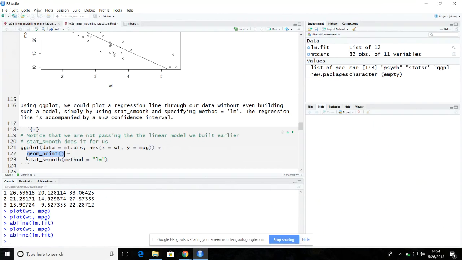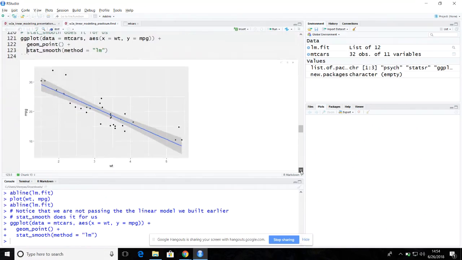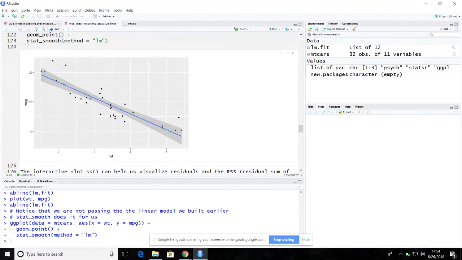Then you add another layer, which is just your regression line here. Notice that I'm not passing in lm.fit as the argument. And this is what we get. The grayish area is our 95% confidence interval. If we don't want that, we can just say se equals FALSE and just get the regression line.